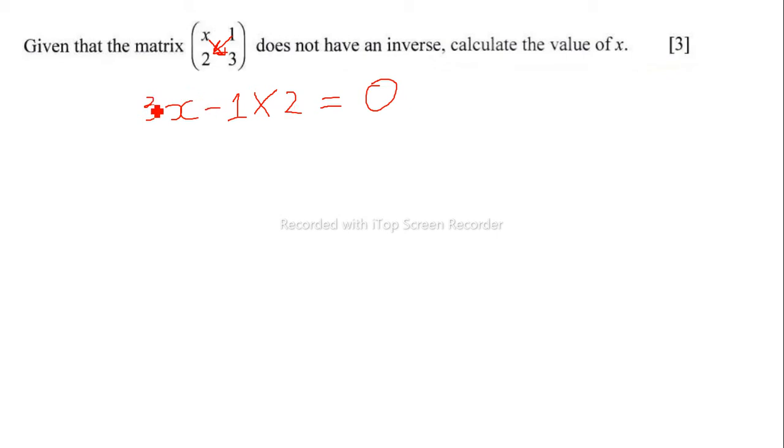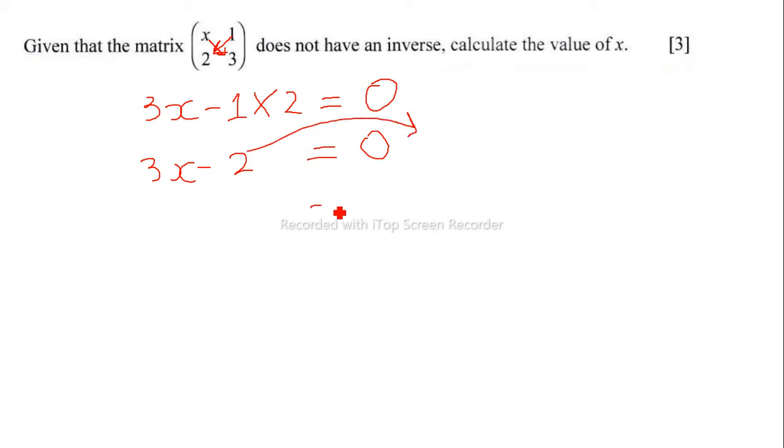This is the determinant of this matrix: 3 times x and 1 times 2. It's going to be 3x minus 1 times 2, which is simply 2. It's going to be equal to 0. And so what we can do is send over the 2.